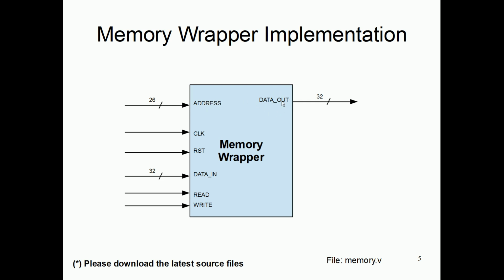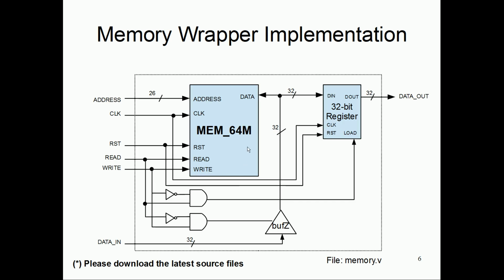This data out is a pure output port and this is a pure input port. Inside it, I instantiated our memory which has the in-out port, and then separated that out using a 32-bit register and a Z buffer, which means that if it is a write operation, depending on the control, the output of this buffer will become electrically isolated, or in the high Z state.